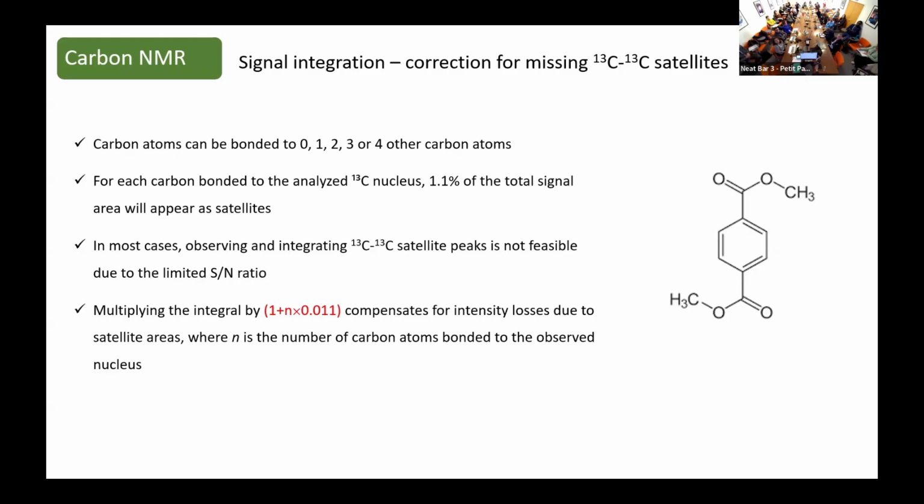So the best thing here is to apply a correction factor to the integrals to compensate for the losses that we are having due to this carbon-carbon coupling. So we will multiply each integral value by 1 plus the number of carbons bonded to the observed one times 0.011, which is the isotope abundance of carbon-13.